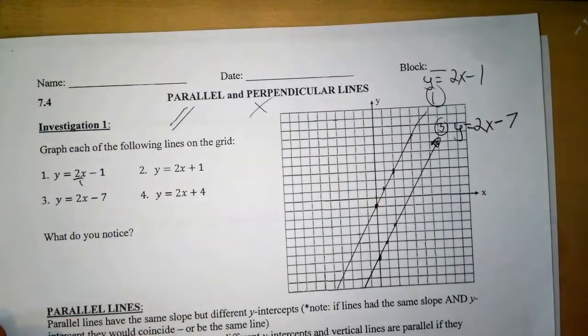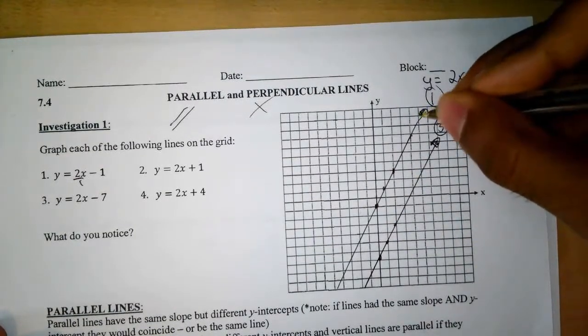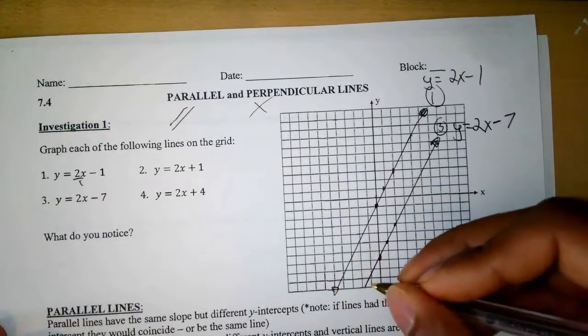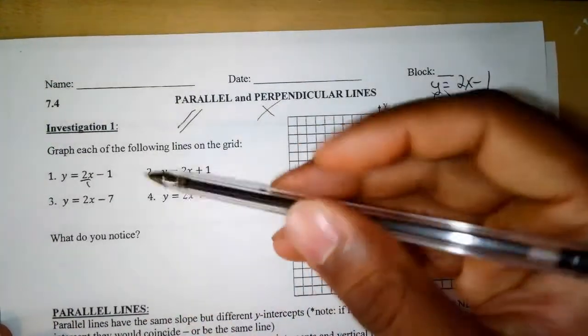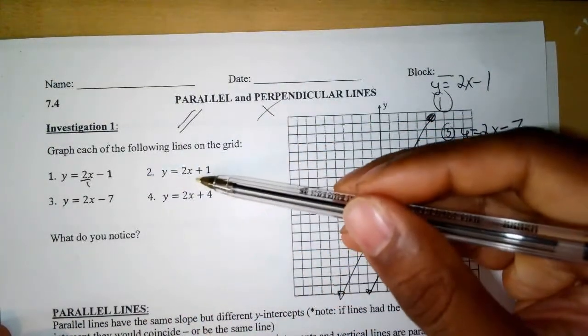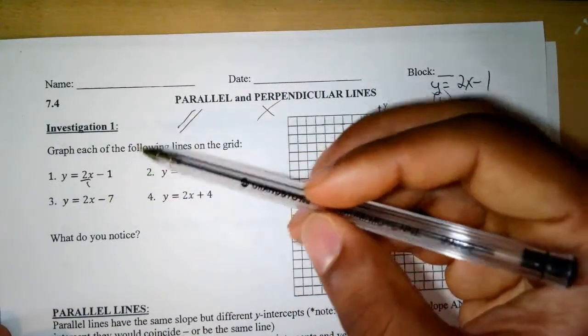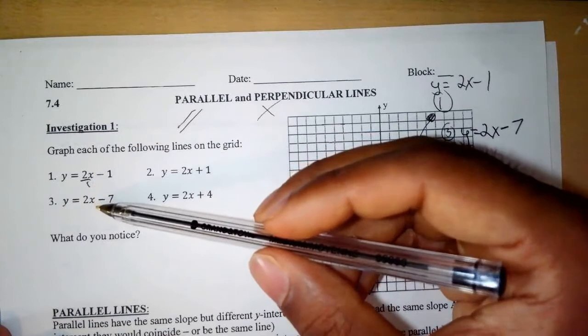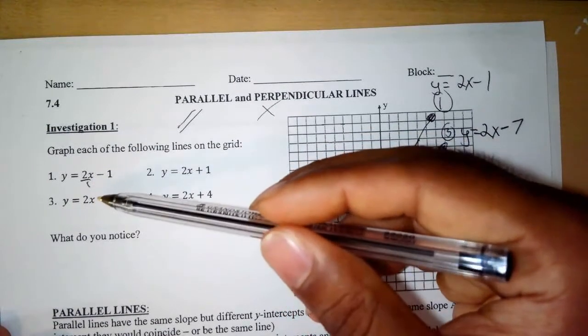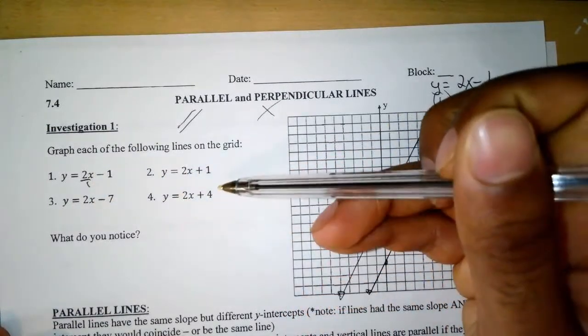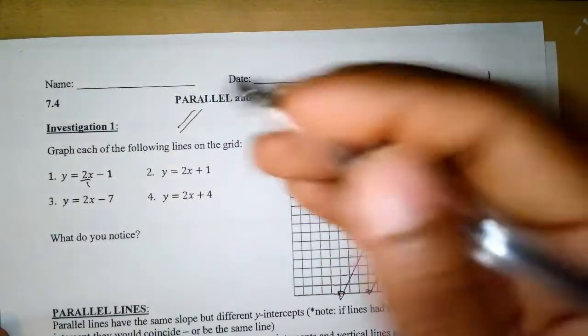Okay. So what do you notice about these two lines? These two lines here are parallel. So when do we get a parallel line based on these equations? You can see the similarities. Their y's are different, right? But their slope is the same. So when you have the same slope but different y, you'll get parallel lines.